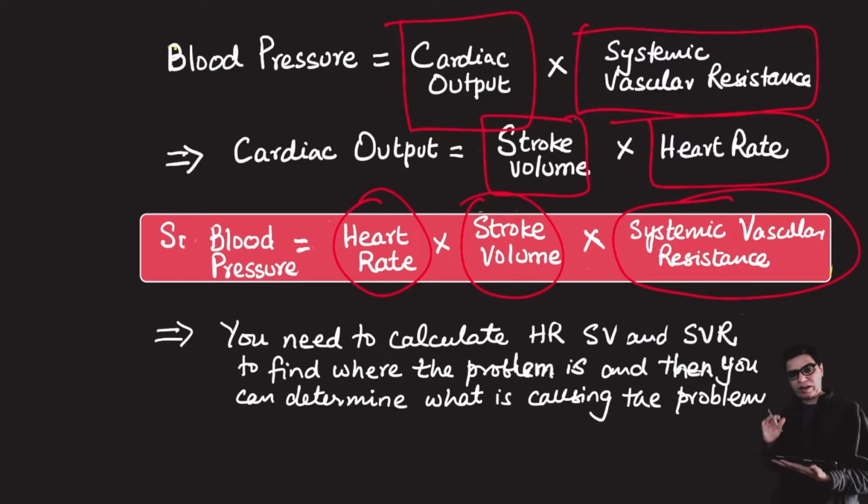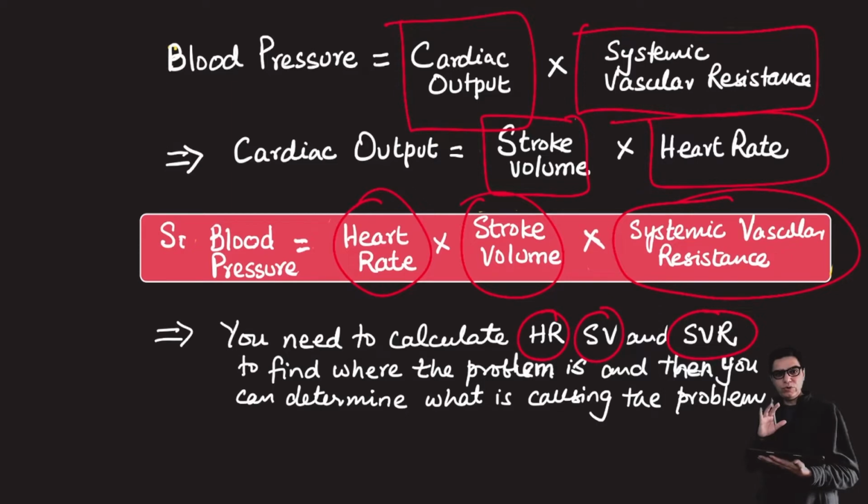So 3 factors. And this is what you need to consider when you are dealing with a child who is in shock or who has hypotension. So how do we do that? We need to calculate the heart rate, we need to calculate the stroke volume, and we need to calculate the systemic vascular resistance.